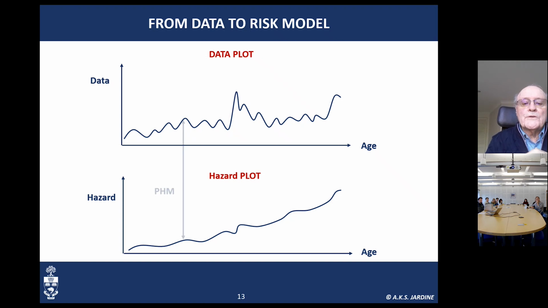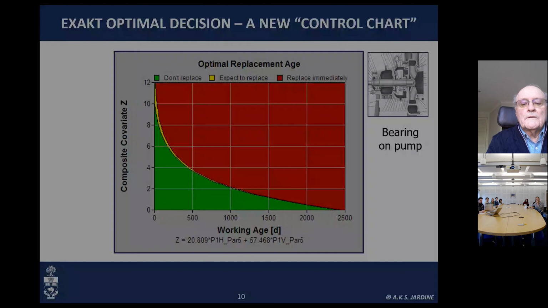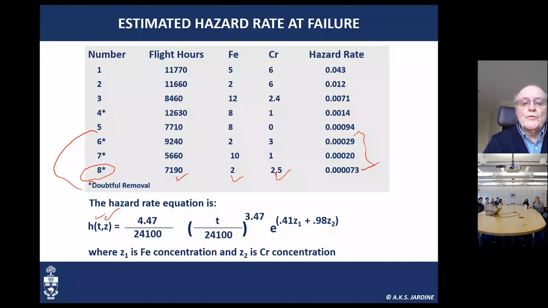And to do that, we use a proportional hazard model. Now you can see that previous slide I used, my proportional hazard model only had 2 risk factors, iron and chrome, but you can have others. But usually we find 2, 3, 4 are the most you need. Many are correlated with each other, and so we don't need them all.